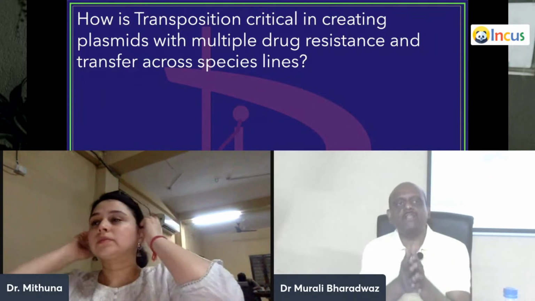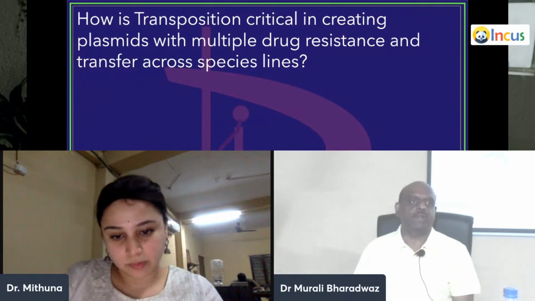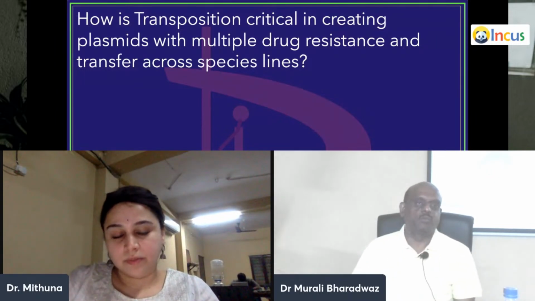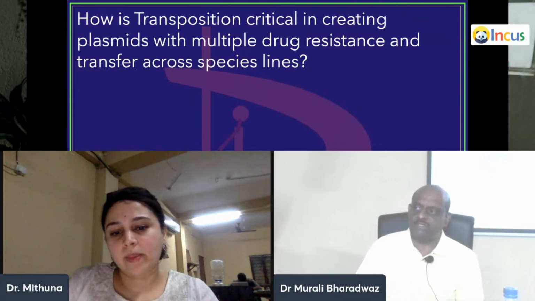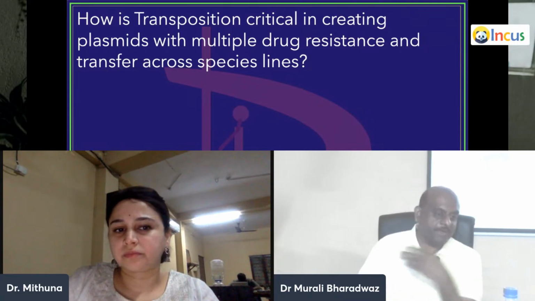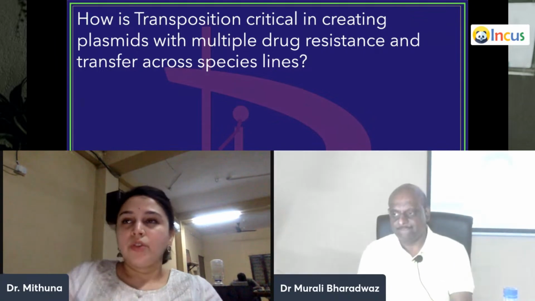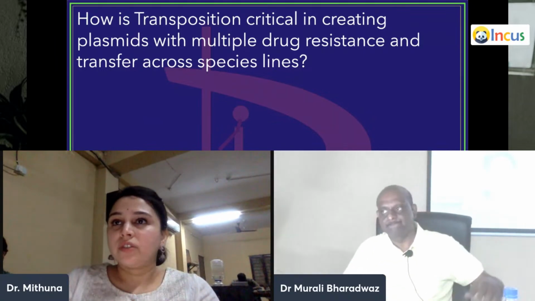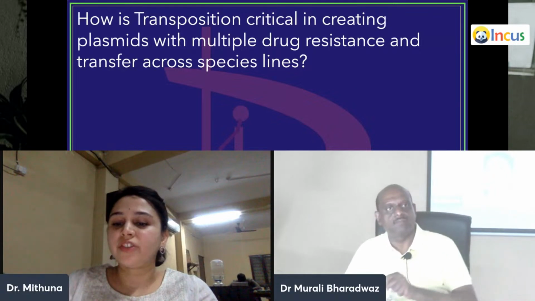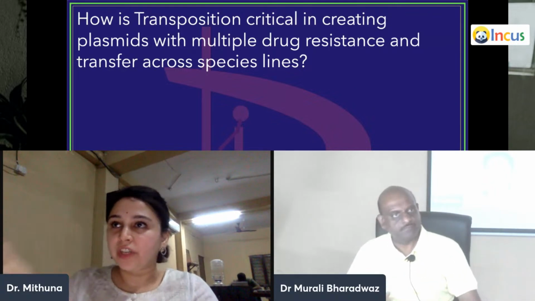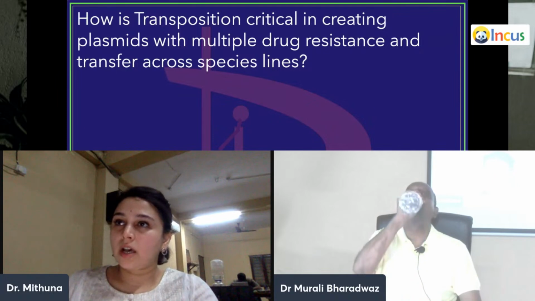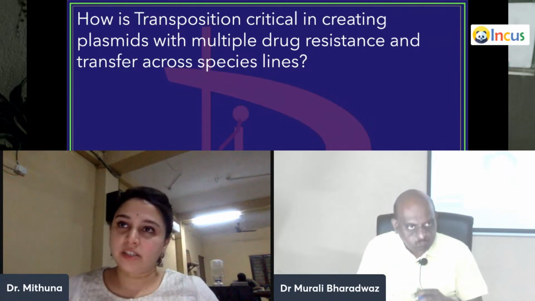How is transposition critical to create plasmids which have multi-drug resistance and can be transferred across species lines? So I understood this process, sir: the bacterium is reading the antibiotic which we are giving. Now that information has reached the bacterium.